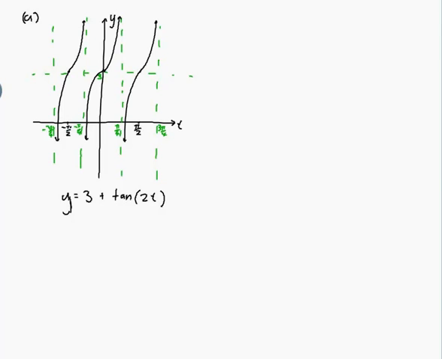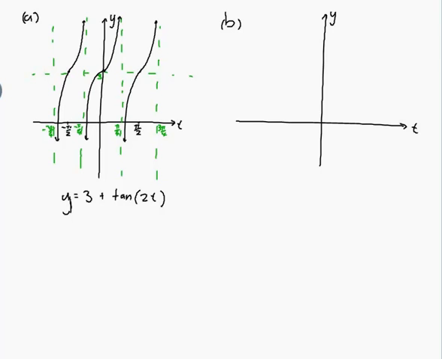Okay, so let's do part B now. So here's my t-axis, and here's my y-axis. Now, sine normally starts at 0 and comes up as you go to the right and comes down again and crosses at pi.